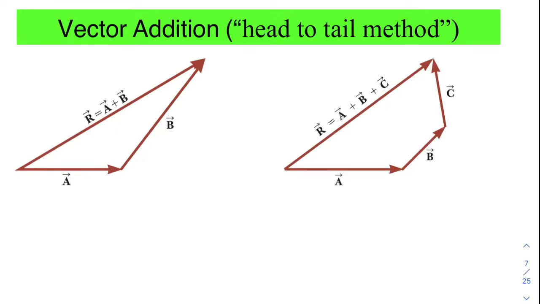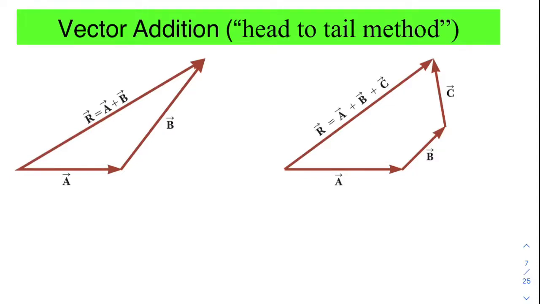So let's say the resultant R of your vector is the addition of vector A and vector B. In terms of drawing, you draw A followed by B, then connect from the tail of A to the tip of B. This is taken from your textbook. So let me do it for you.